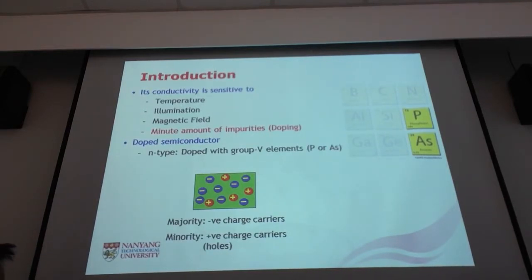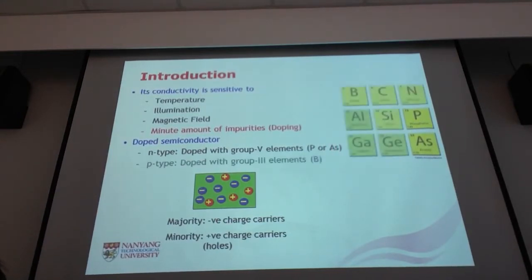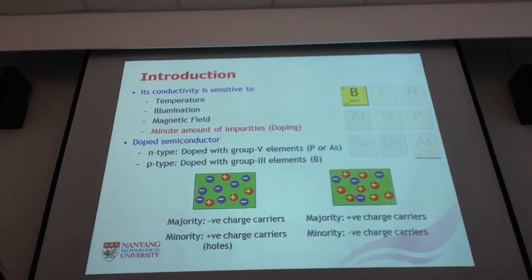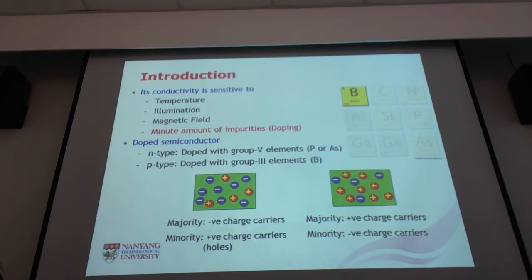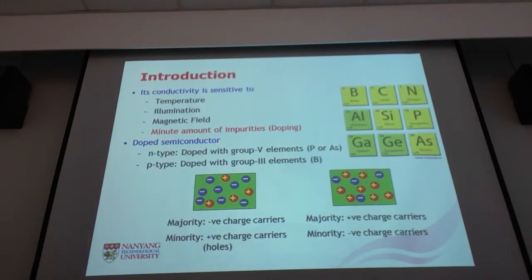So the majority carrier in an N-type semiconductor is the electron. But for P-type, it's opposite. Once there's a replacement, there will be an extra hole, which means one electron is missing. In this case, the majority carrier is the hole.